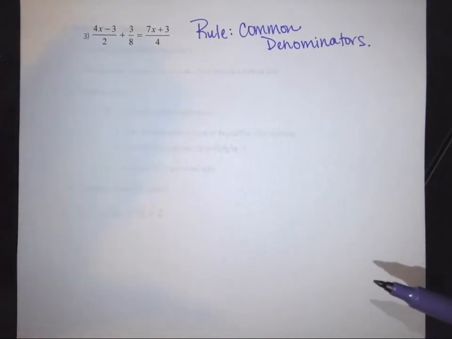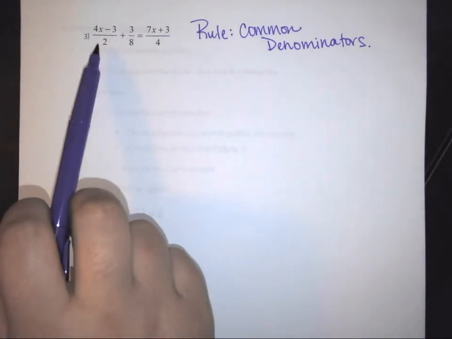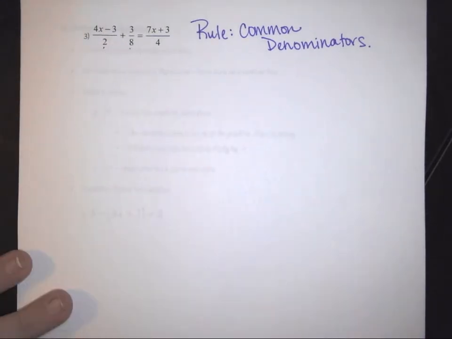There's a couple ways that you can go about doing this. One way is you can take all of these denominators and multiply them together, and that would be a common denominator. However, in some instances that denominator is not the least common denominator. Any common denominator will work to solve this problem.